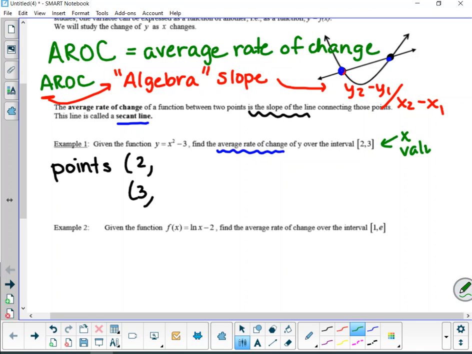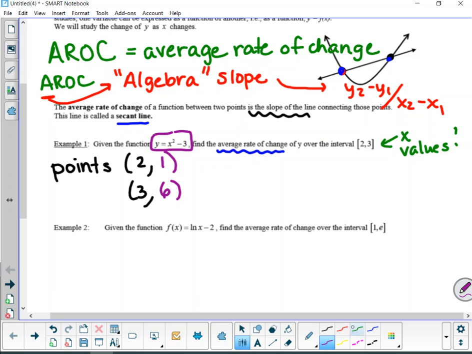One thing to remember is that an interval like this is an interval of x values. So if I'm looking at an x of 2, y would be 1. You with me? If x is 3, what is y? 6, because I'm using the function that relates x and y.